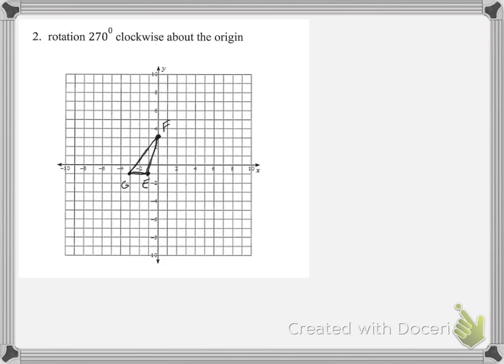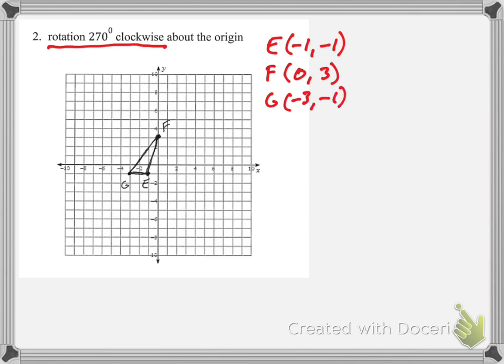Now, this one says a rotation of 270 degrees clockwise. So let's, again, figure out our originals. E, F, G. So E is negative 1, negative 1. F is 0, 3. G is negative 3, negative 1.